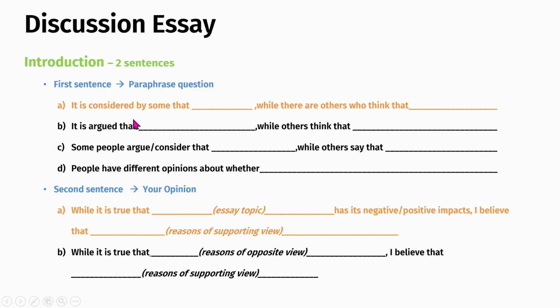You can pick any of the 4 templates, and one thing to note here is that try to use consider instead of argue, and go for argue only if the essay topic is very much sensational or a hot topic. Otherwise you can use just consider. There is one more plus point for using considered.